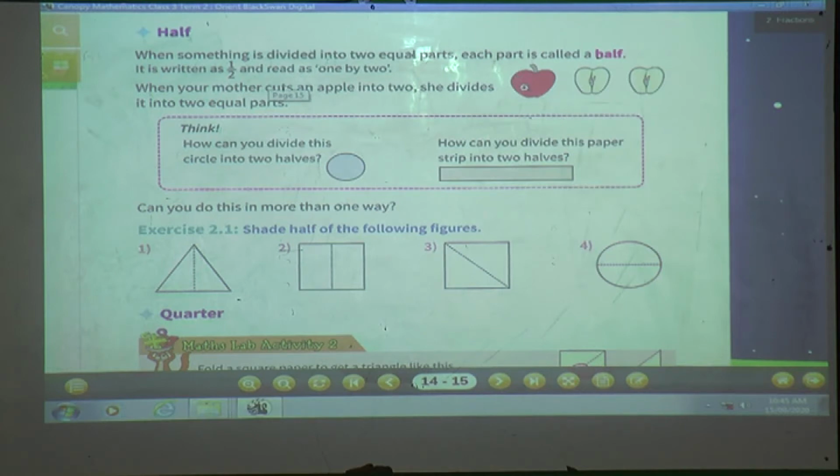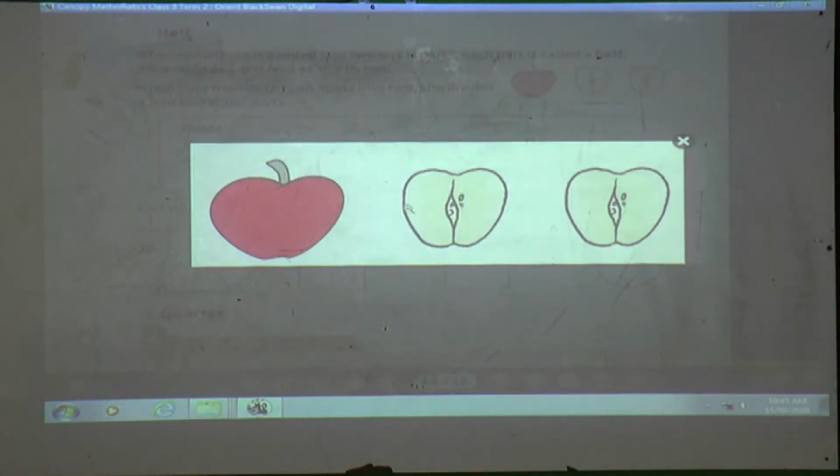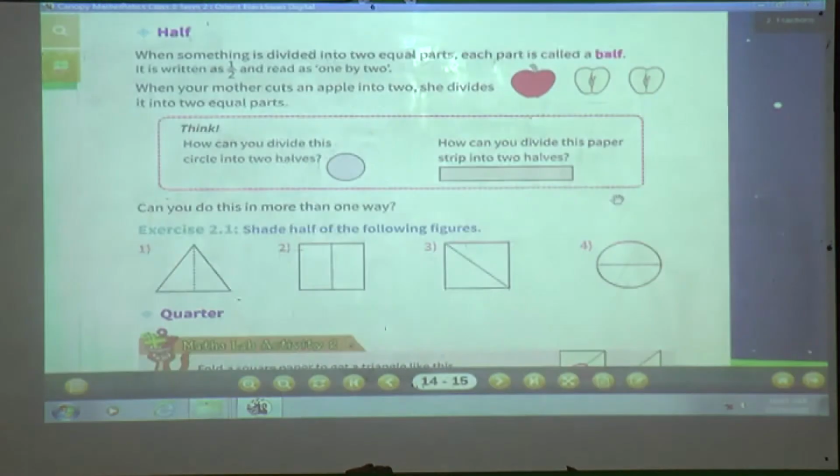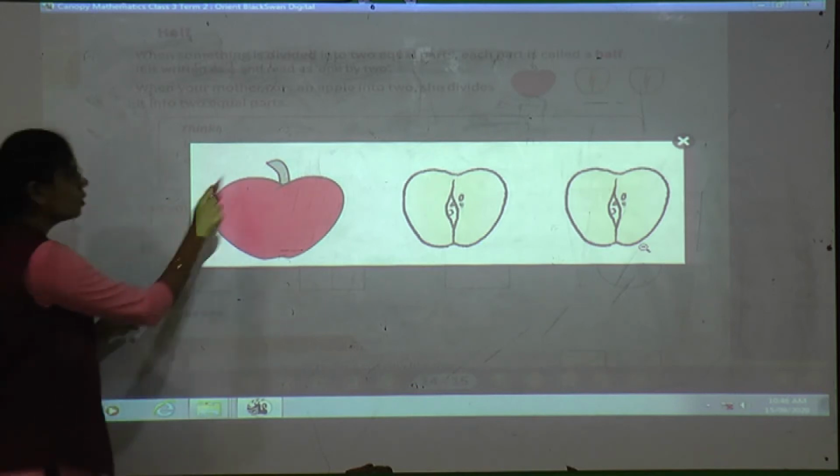Here they have given us one example. When your mother cuts an apple into two, she divides it into two equal parts. Here you can see one apple. This is a whole apple.